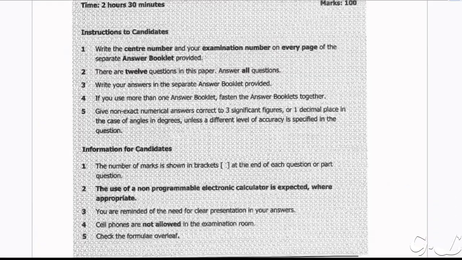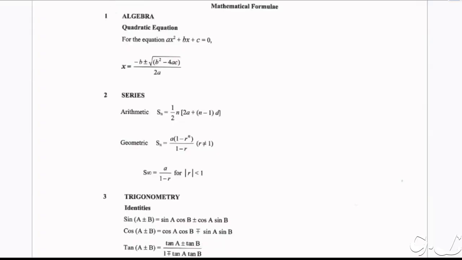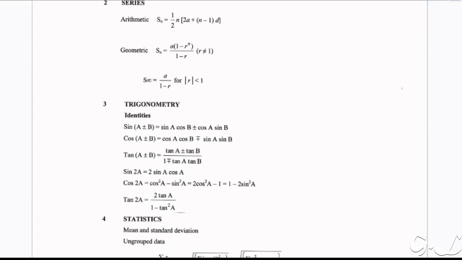Let's now try to check the question in the paper. So it is question number 9. Let's check where question number 9 is.